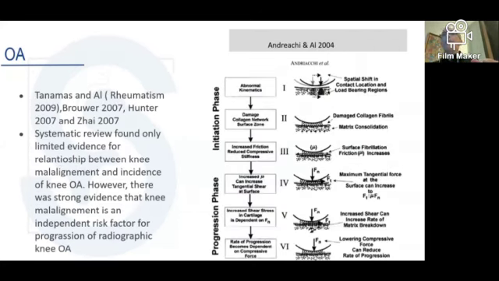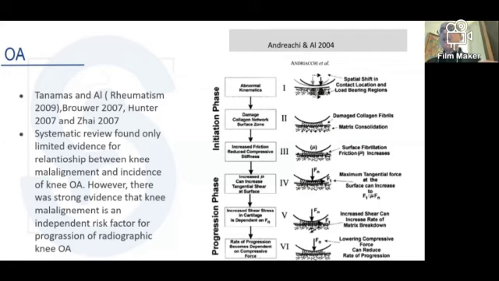An interesting study has been done by Tanamas and Pavel in Rheumatism in 2009, with other papers by Brewer in 2007, Hunter 2007, and High 2007, shows in a systematic review that found only limited evidence for a relationship between knee malalignment and incidence of osteoarthritis.